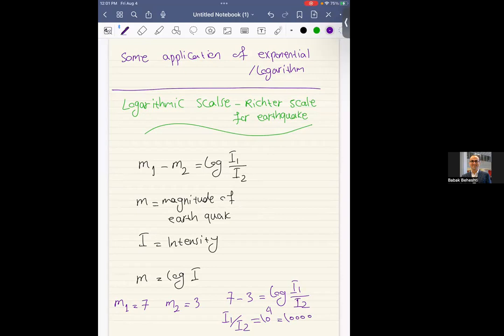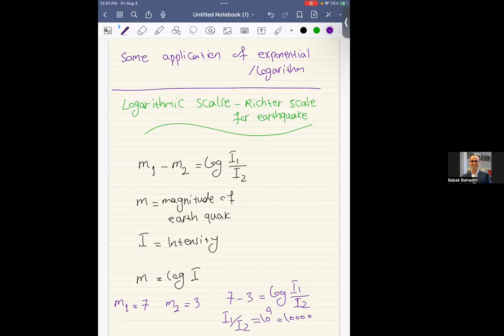Because when I say log of something is equal to 4, this is log with base 10. I forgot to say, but usually when we don't write anything for log, it's log with base 10. But in professional math, the only log is ln, the natural logarithm.